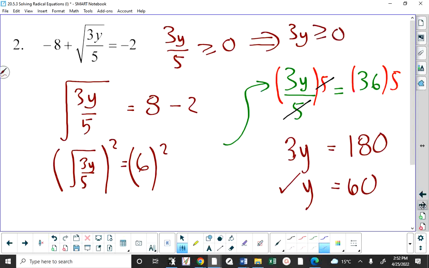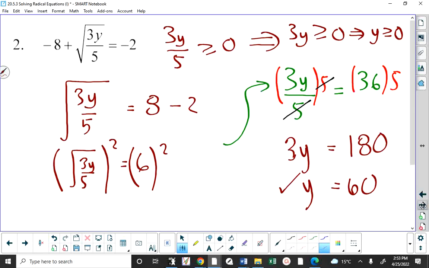We would divide both sides by 3. By the way, when we multiply the 0 by the 5, it's still 0. When I divide both sides by 3, I'll get y on the left side greater than or equal to 0 divided by 3 is still 0. So the restriction would be y is greater than or equal to 0.